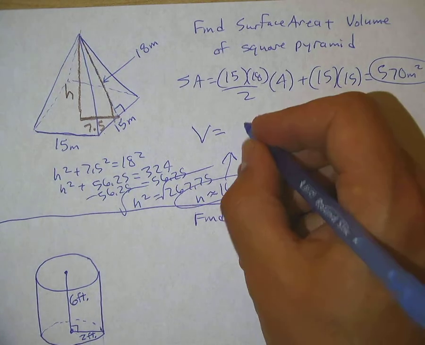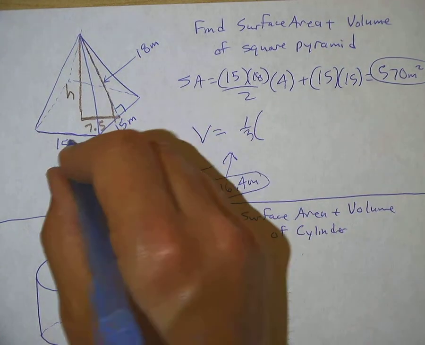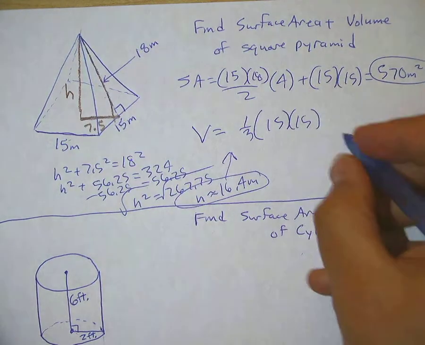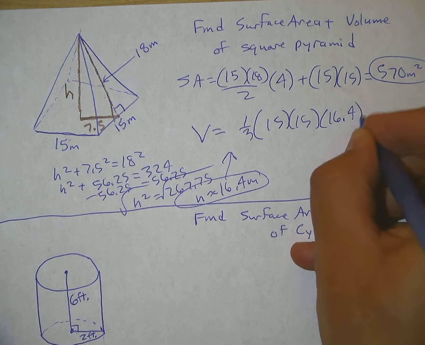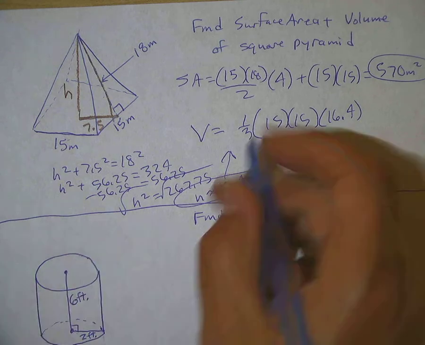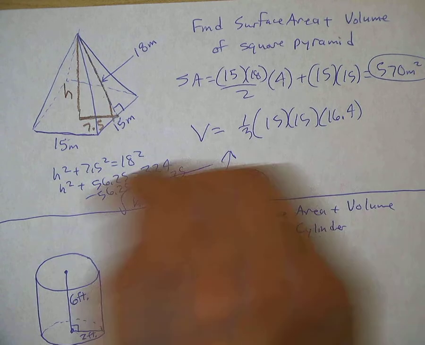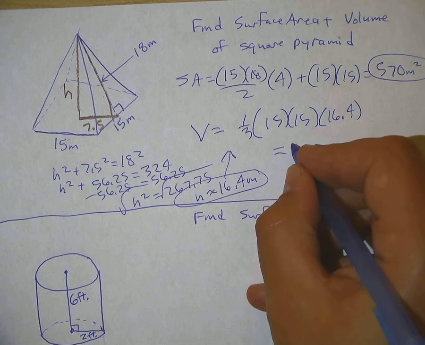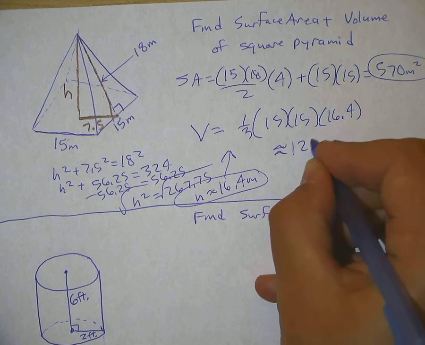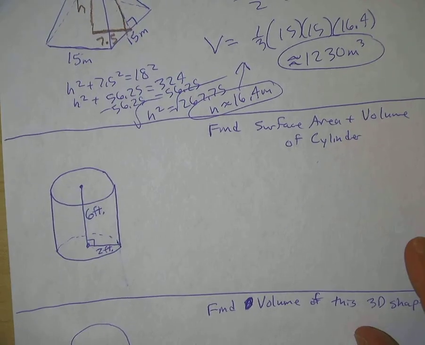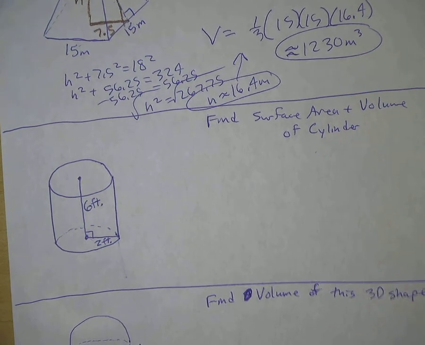The volume of a pyramid is 1/3 the area of the base times the height of the pyramid. The area of the base is 15 times 15, and the height is 16.4. So 16.4 times 15 times 15, and multiplying by 1/3 is the same as dividing by 3. You get a volume of approximately 1230 cubic meters.